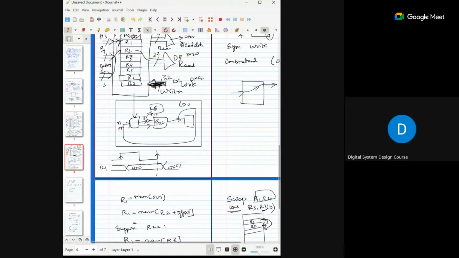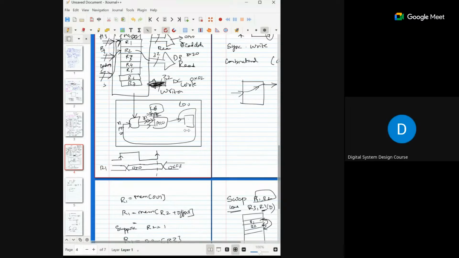Assume the data input port is 10. Because of this 10, it does some computation and produces some output called FF.